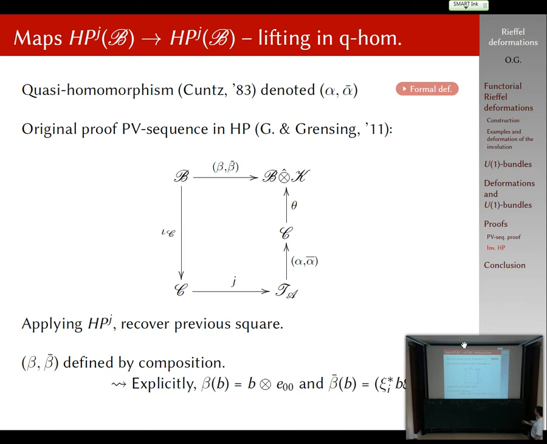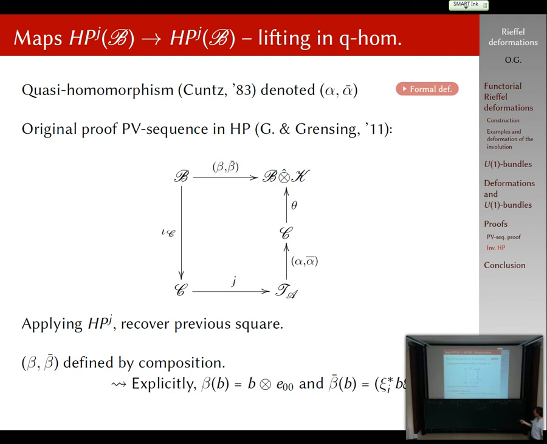And so coming back to our squares, now that we know what's the meaning of this and what's the meaning of that, we can compose these different morphisms that we know well to define this quasi-homomorphism beta bar.